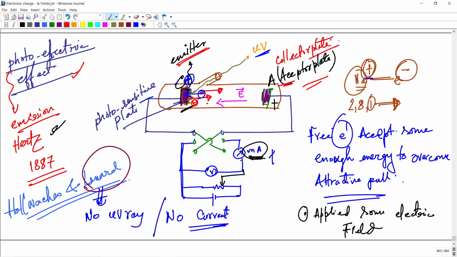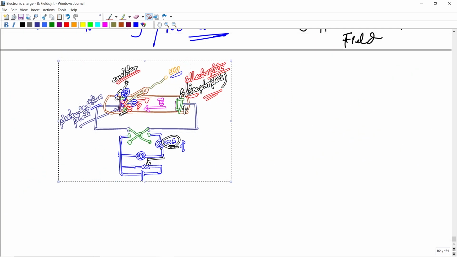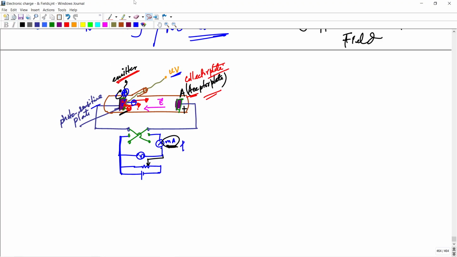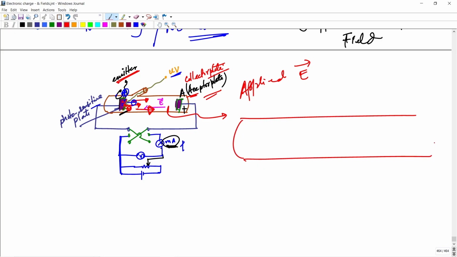Okay, if I draw the diagram again, you see that. Here is the important factor: when you apply the electric field, the electrons move in that direction because the electric field is in that direction.